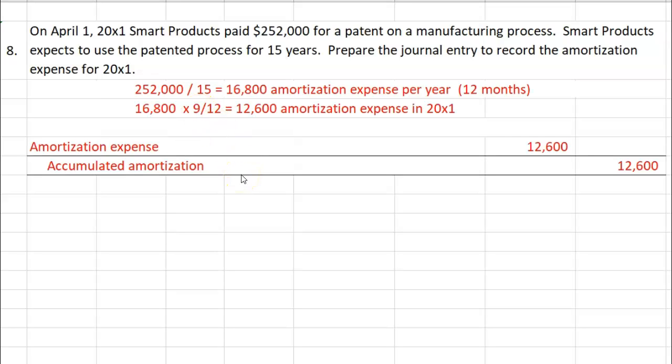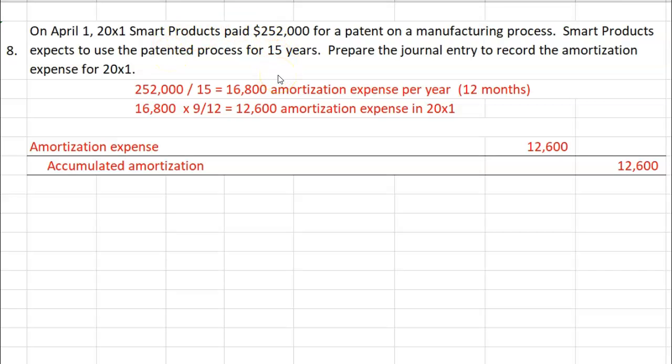Amortization expense is calculated in a manner very similar to straight line depreciation, except never, ever do you use any salvage value with respect to amortization. So the patent will be amortized over the shorter of its legal life or its expected life.